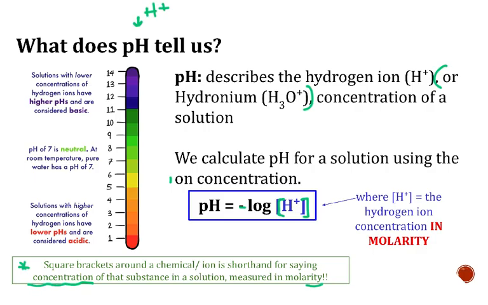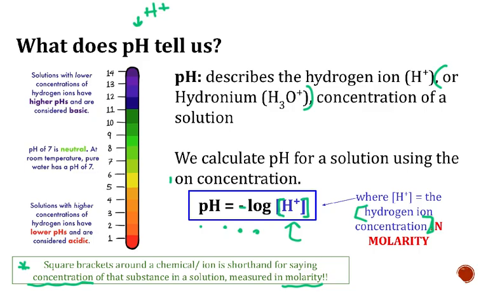And that is always going to have a unit of molarity. So when I read this formula, pH equals the negative log of the hydrogen ion concentration. We would need that concentration in molarity, and we would plug that in.